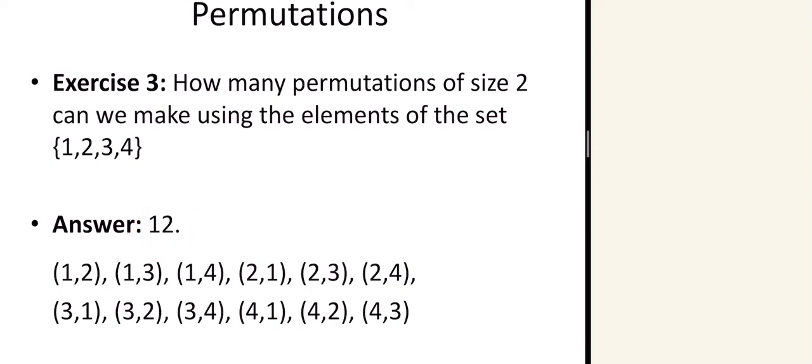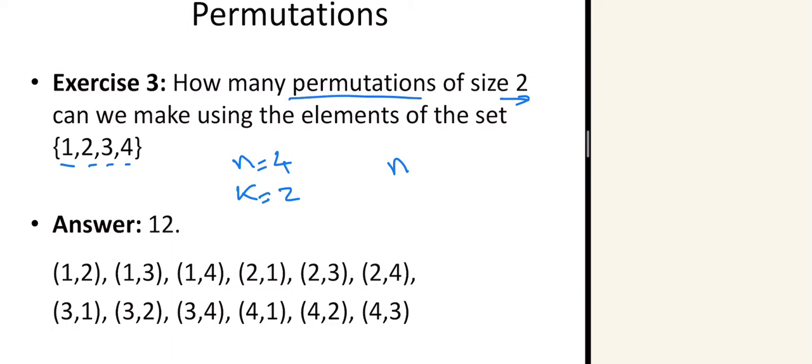If we try to solve this one, we can write n, the total number, equals 4, and the size k equals 2. So the number of ways: does order matter or not?